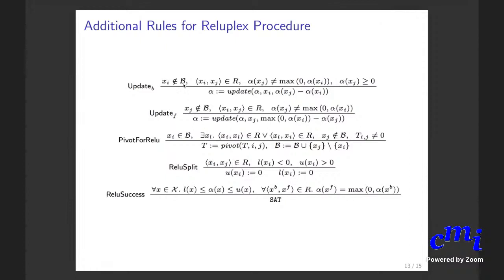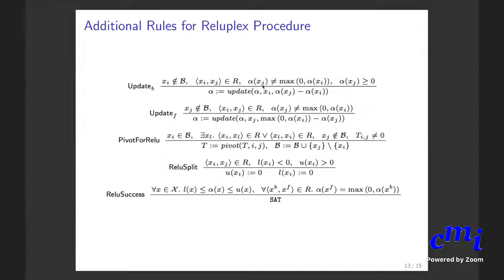You fix broken ReLU pairs only when either the forward ReLU variable or the backward variable is in the non-basic set. So if xi is in the basic set, and xi and xj correspond to the input and output node of a ReLU pair.